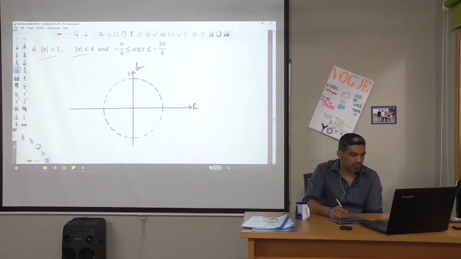Clearly this is 4. And let's make another circle of unit radius, something like this.